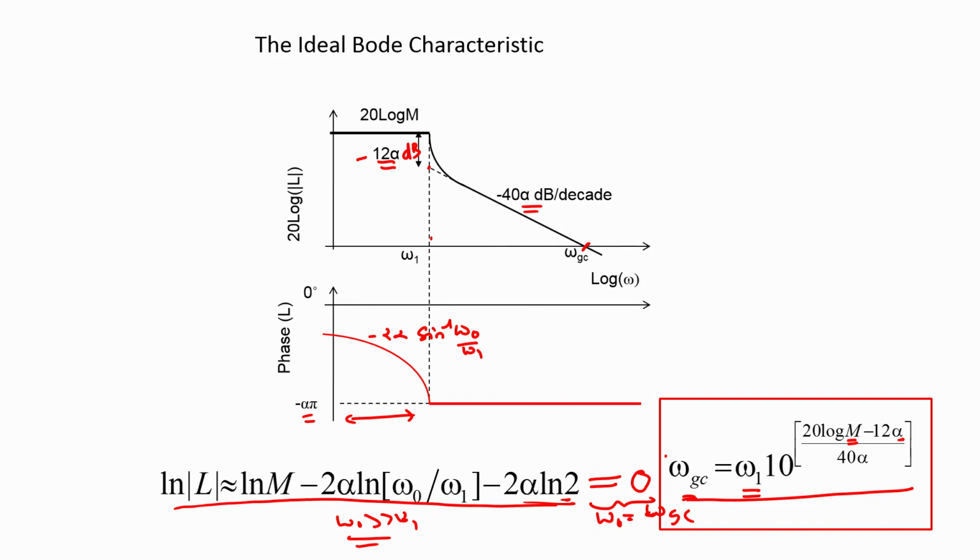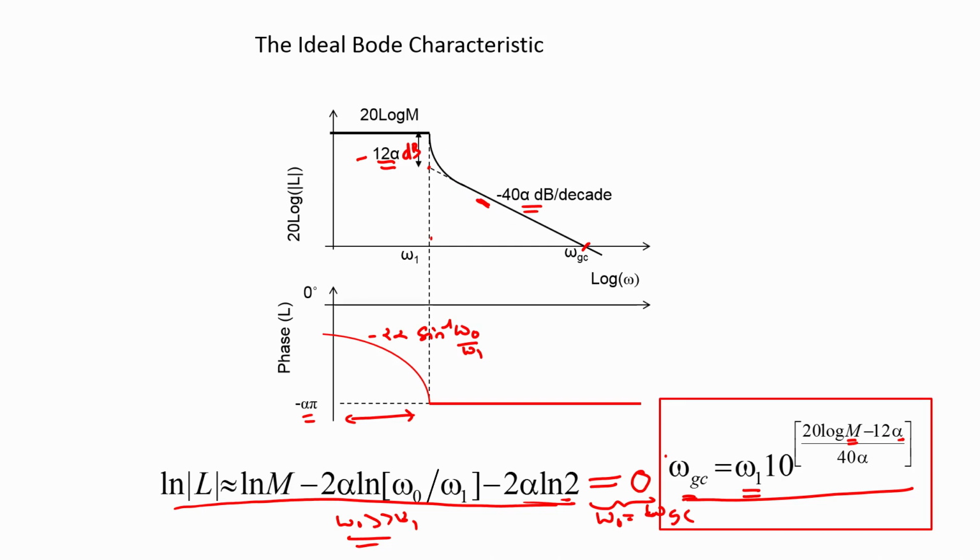So we wanted to decrease the magnitude characteristic as quickly as possible while ensuring at the same time that our phase lag requirement of minus alpha pi is met in the frequency range greater than omega 1. And we discovered that the magnitude characteristic looks something like this as shown in the schematic here.